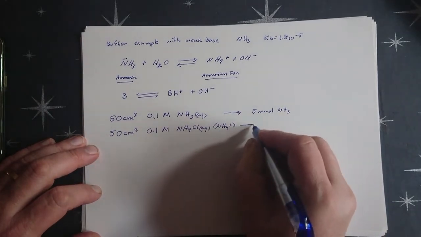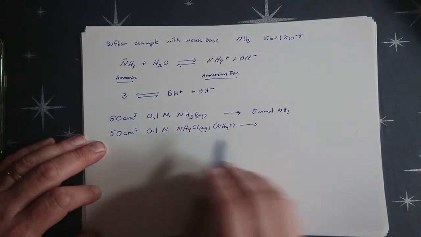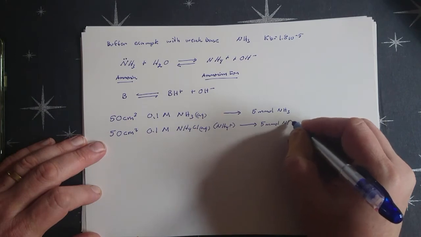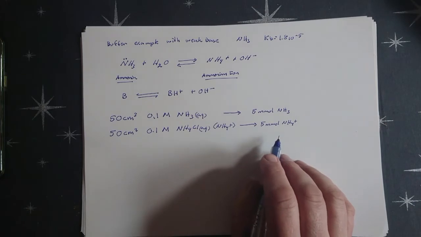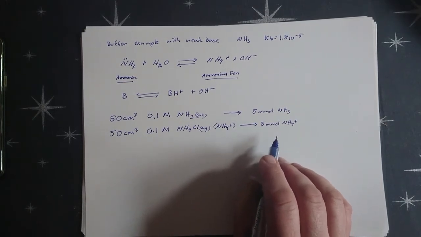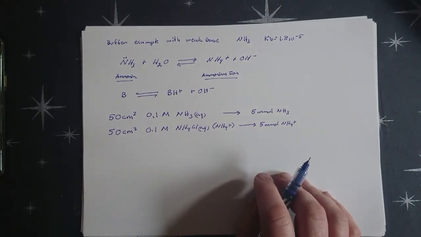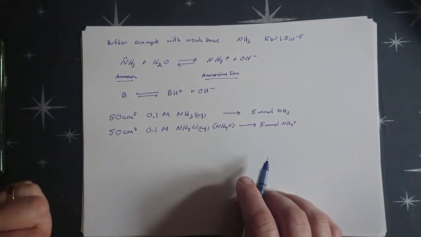And again, if we do the calculation, we can find that 50 times 0.1 is going to be 5 millimoles of NH4 plus. That's our amount. Now, for this particular problem, we're probably going to have to figure out exactly what the concentration is as well, because we can't solve it just by doing it with millimoles. But I'm going to save this for a later discussion.